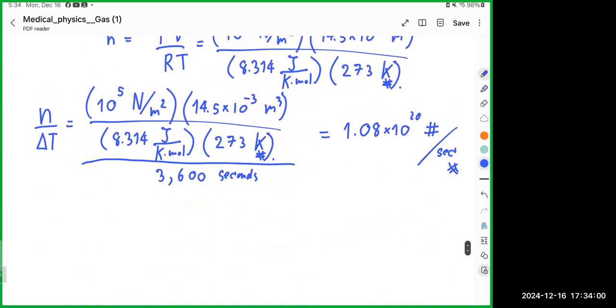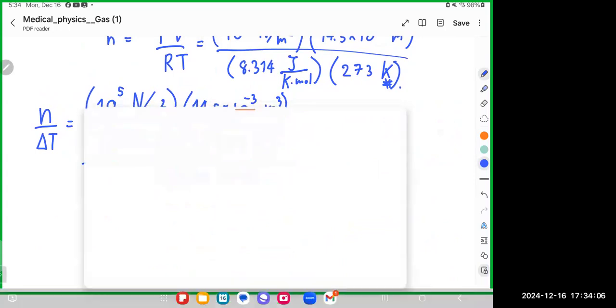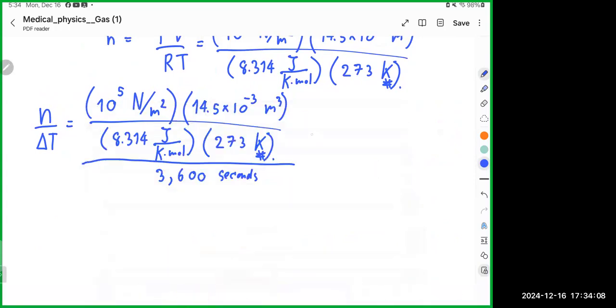Oh, I made a mistake, sorry. Actually, if you calculate here, you will get 1.79 times 10 to the minus 4 mole per second.